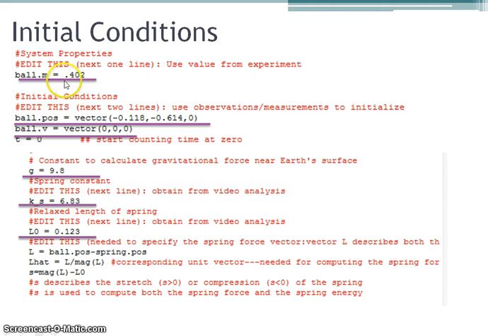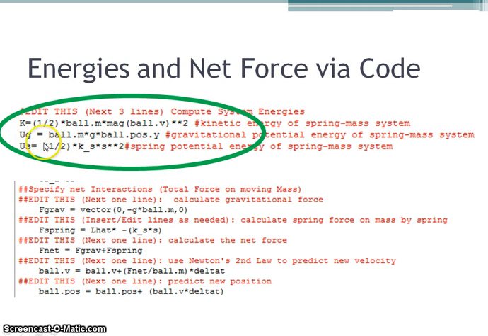So some main initial conditions are the mass, which is 0.402, and the position, which I obtained via Tracker. It starts out with zero velocity. We know g, 9.8, the spring constant, and the relaxed length. Once again, this is how you find the system energies, just translated to Python code.